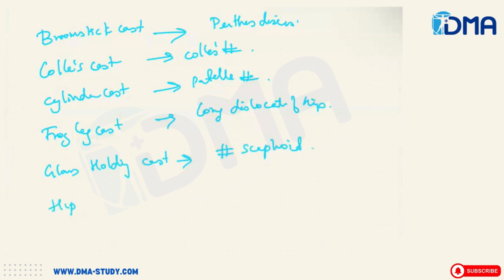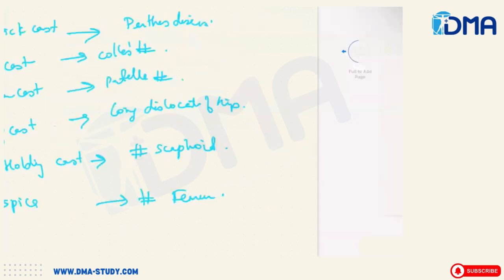Spica is used for the fracture femur in children, babies especially. Then Minerva cast is used in cervical spine disease. Then patellar tendon bearing cast is used for the fracture of the tibia.